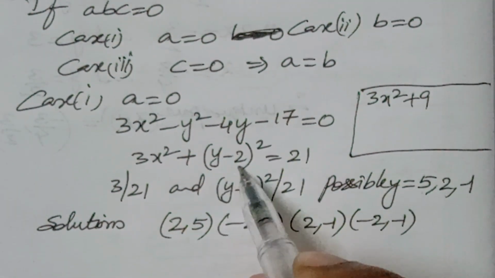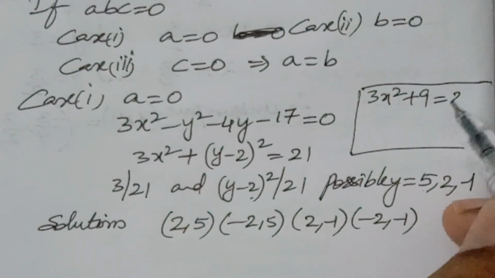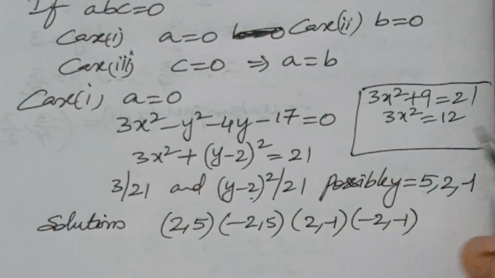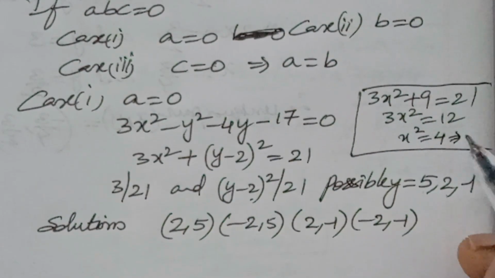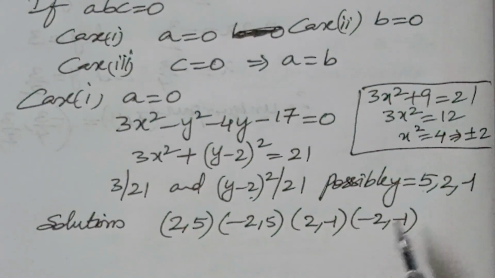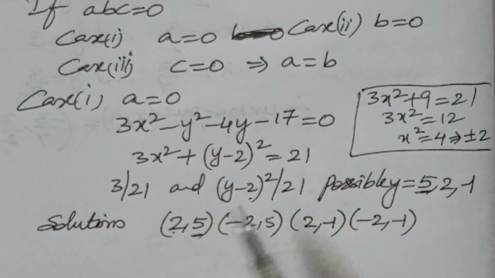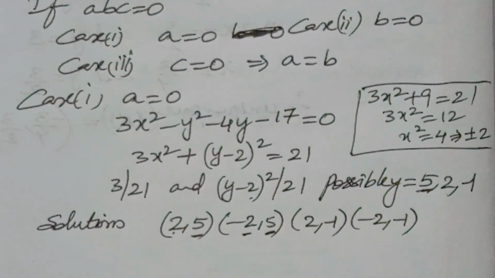If you write 5 here, 5 minus 3, 5 minus 2, 3x square plus 9 equal to 21. 3x square is equal to 12. X square is equal to 4. That implies plus or minus 2. So here y value 5, we are getting plus 2. Y value 5, we are getting minus 2 also. Like that you have to complete the problem.